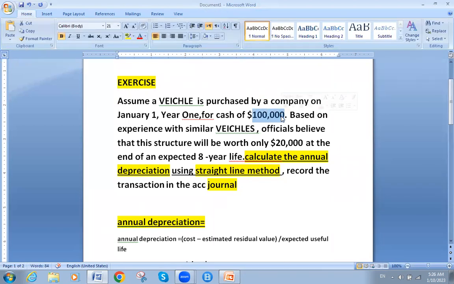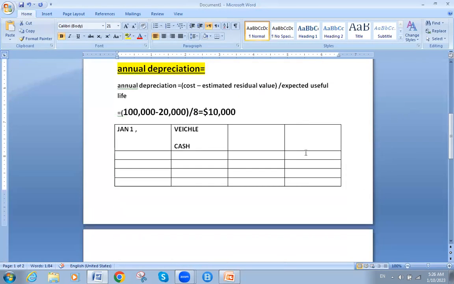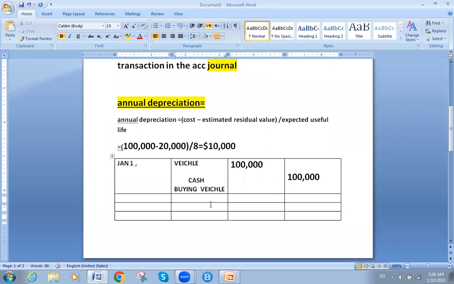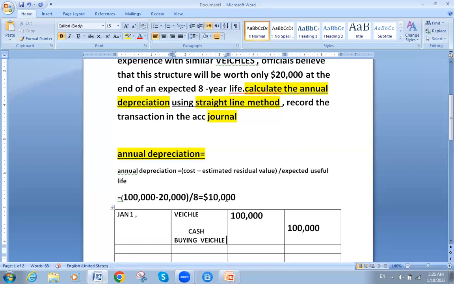Here we take the 100,000, Control and C, and here Control and V, and we get it this way, from vehicle to cash, and the transaction is buying a vehicle. Then every year we have depreciation of 10,000 for 8 years.